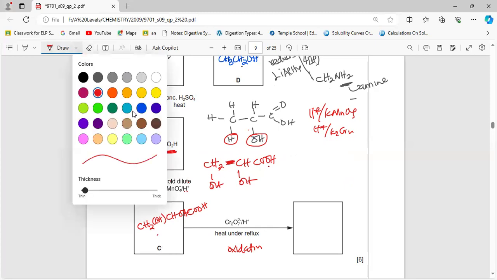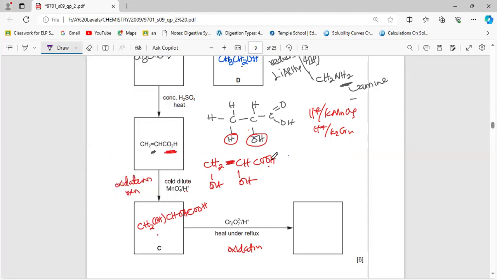Whenever you have alcohol present, always check what kind of alcohol it is: primary, secondary, or tertiary. This one is giving us two types: the first one is primary, the second one is secondary. Primary alcohol will give you alkanal, which you further oxidize to give carboxylic acid, so with primary alcohol you must always get carboxylic acid as your end product. But if you have a secondary alcohol, you get alkanone, that's ketone, as the end product.